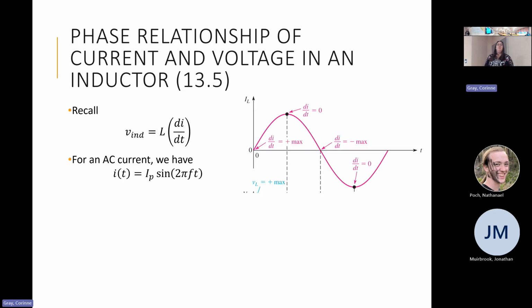The main one that we are going to see moving forward looked a little bit like this. This was one of the last equations we saw for our currents. Here we have our instantaneous current, which is a function of time, equal to the peak current times sine of 2 pi frequency times time. This is an equation for the current source itself.